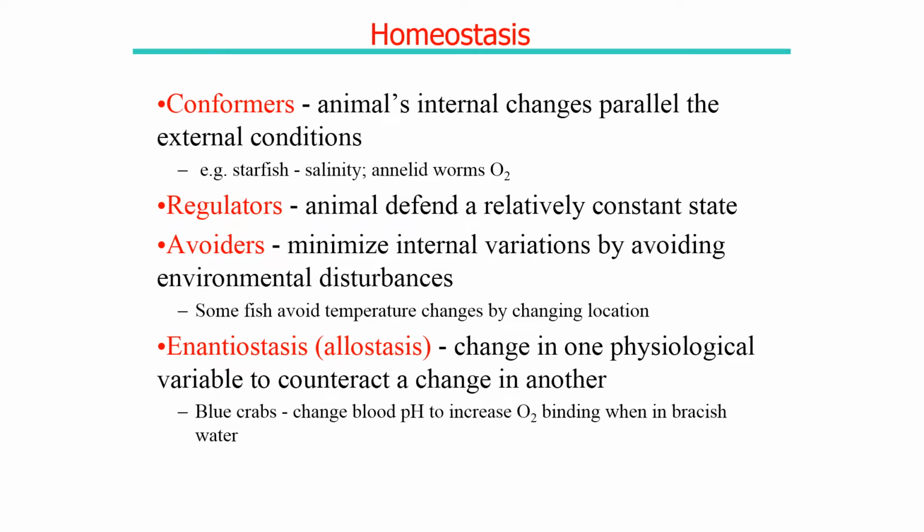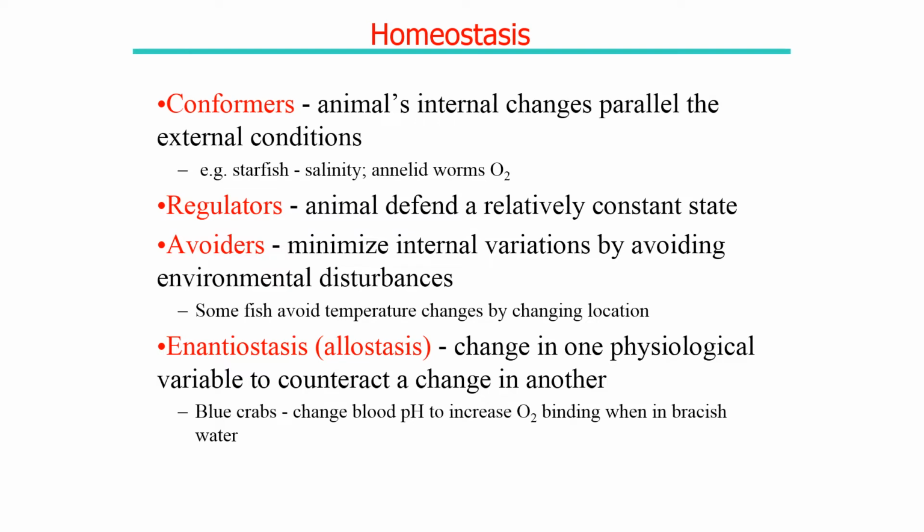These animals could be unicellular or multicellular organisms. If they conform to their external environment, then they are called conformers, meaning they cannot regulate their internal environment. Their internal environment becomes as the external environment is.